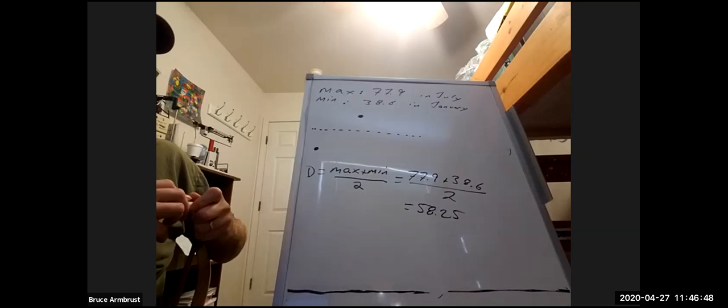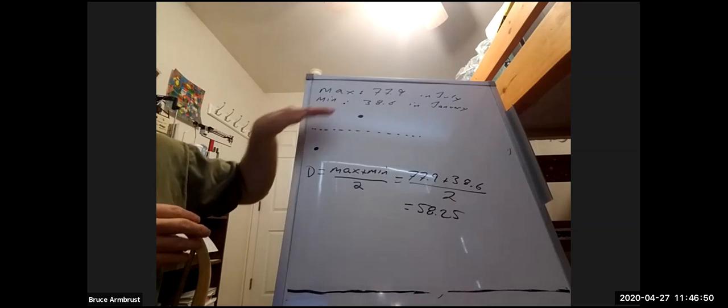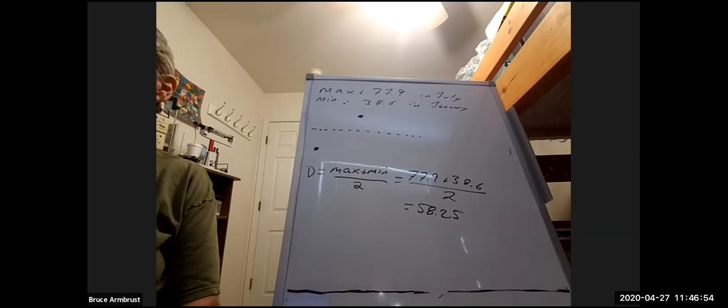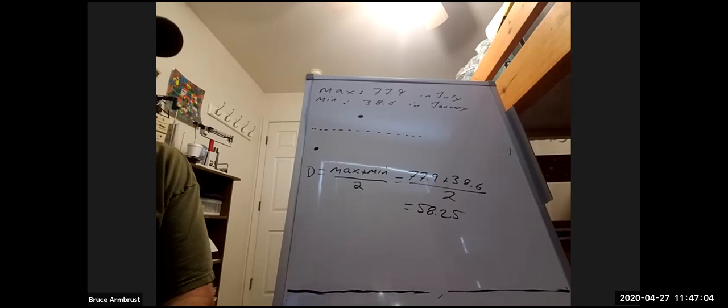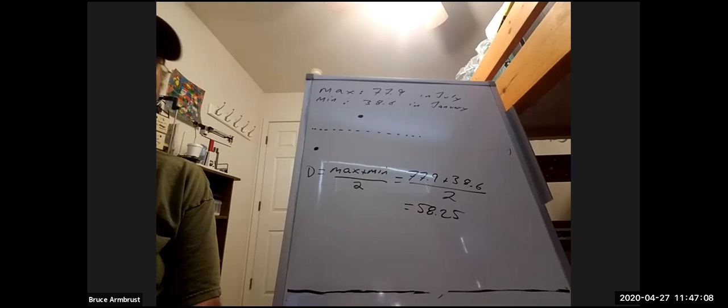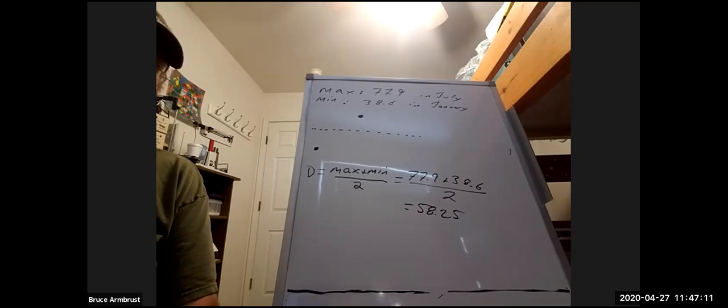So that's the number that's exactly halfway in between those 2. And so that's how far we're going to have to shift up. So our midline is no longer going to be at 0. It's going to be at 58.25. All right, so you should feel good because we're 1/4 of the way done. We got one of the 4 numbers that we need.